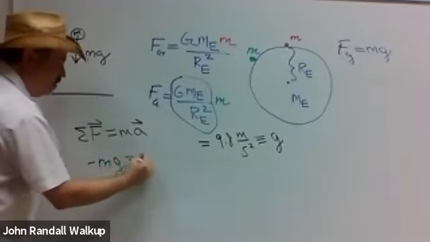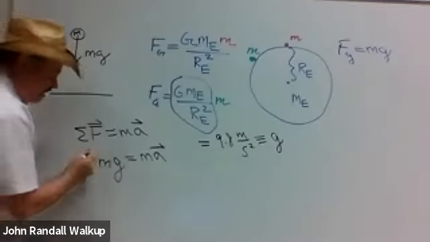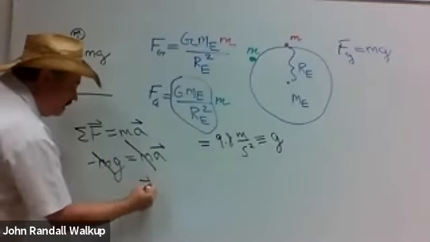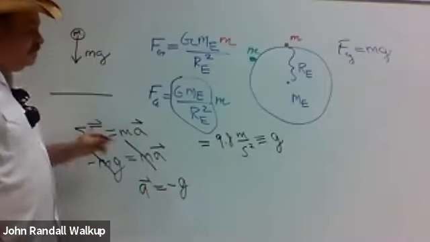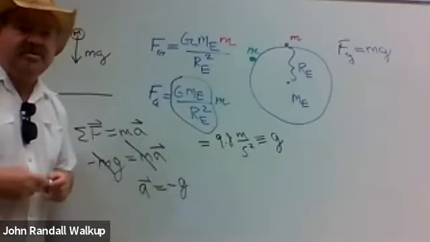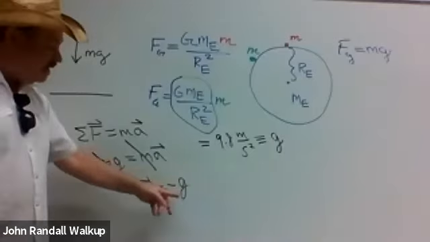And that's got to equal the mass times the acceleration. The mass cancels, and we get that the acceleration is equal to g downwards. So it works. It makes total sense. It's not an accident that we get the same value.